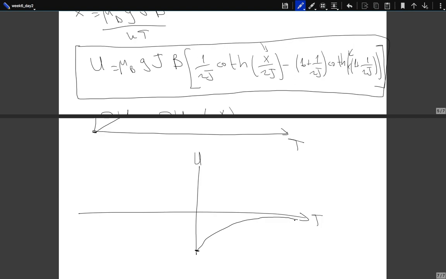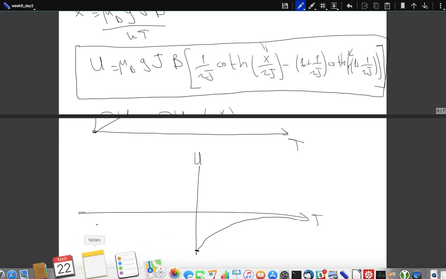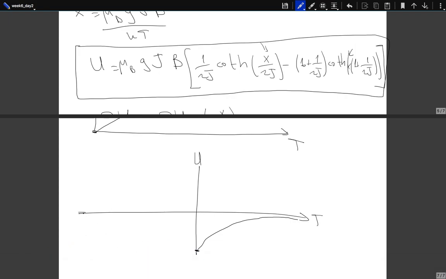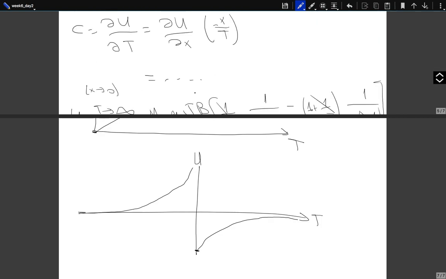At t goes to infinity, it is 0. Well, if t goes to infinity or minus infinity, it doesn't really make any difference. But if you allow negative temperatures, as t goes to 0 from the negative side, this time it should go to plus infinity. So you see, we do have positive energies.